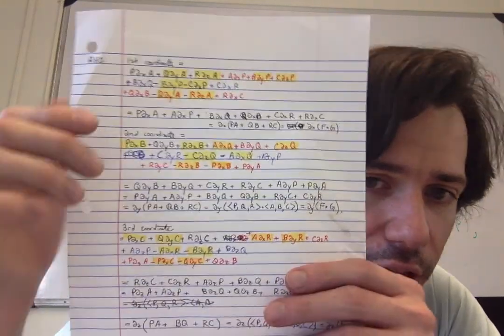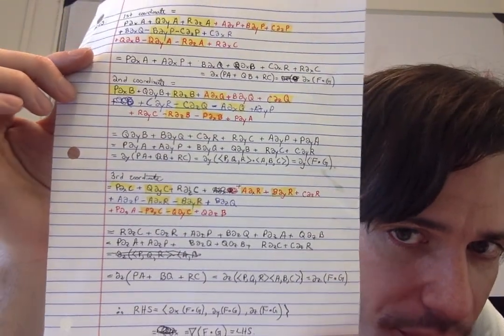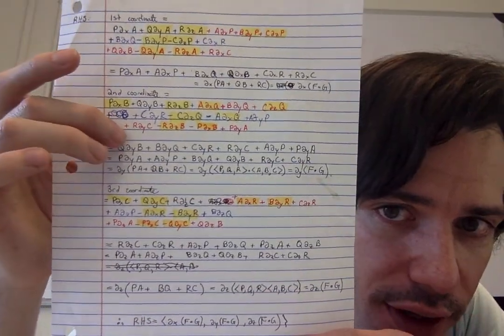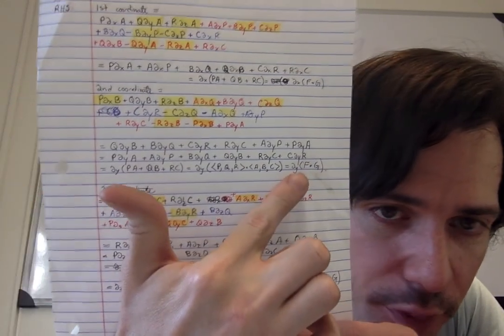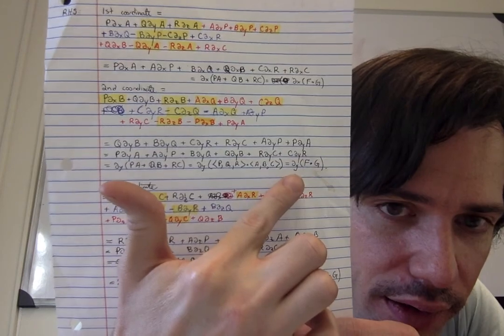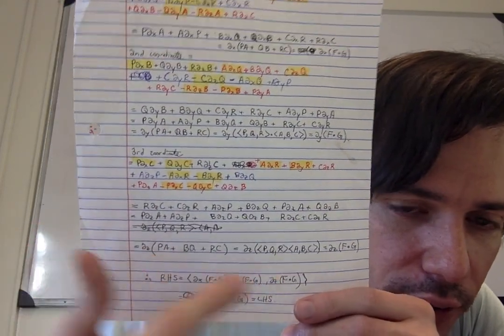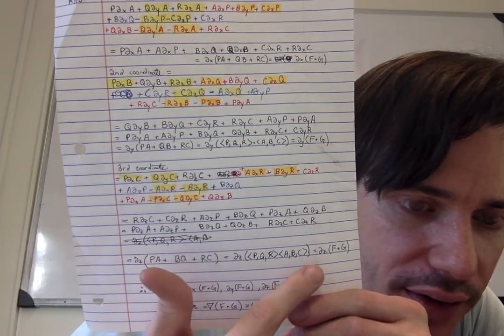That's just the first coordinate. And if you do it all three times, for the second coordinate you get the same thing, but this time the derivative with respect to y. And in the third coordinate, you get it with respect to z.